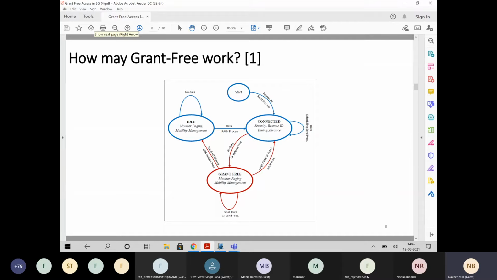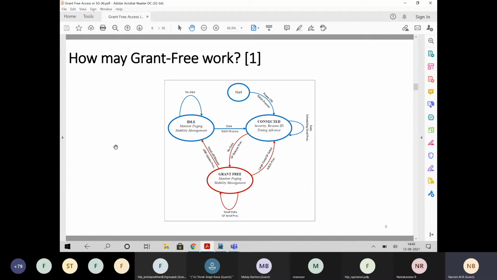But the moment you sleep and wake up, you remember we had discussed this, when it sleeps and wakes up, it still decodes the PSS and still requests a connection if it wants to transmit data. When it is sleeping and waking up and wants to send small data, at that time only you do grant free.